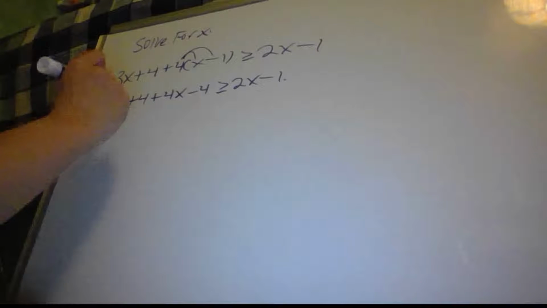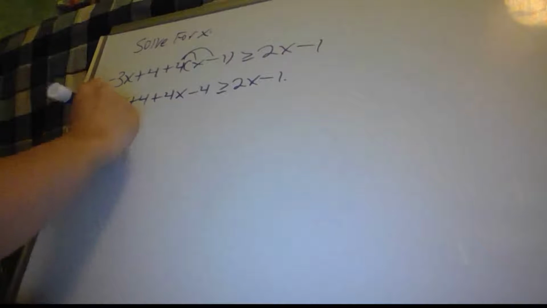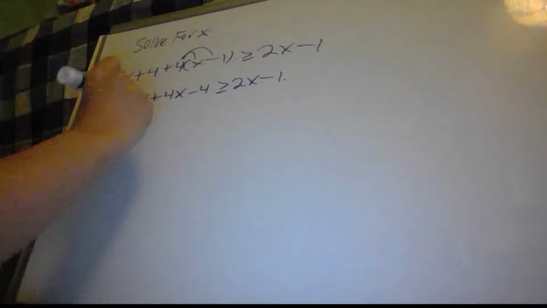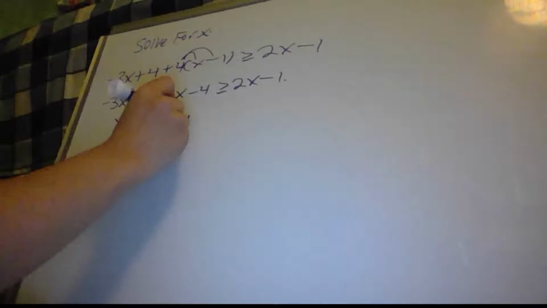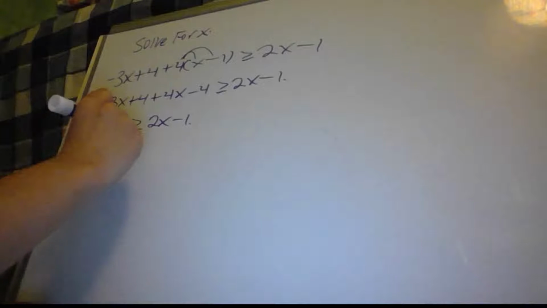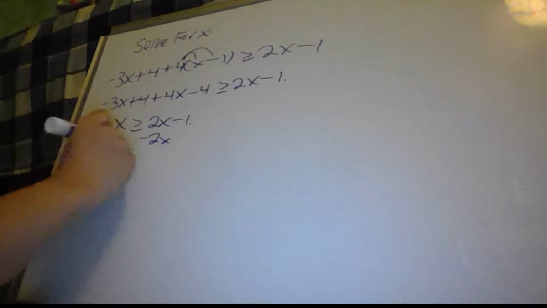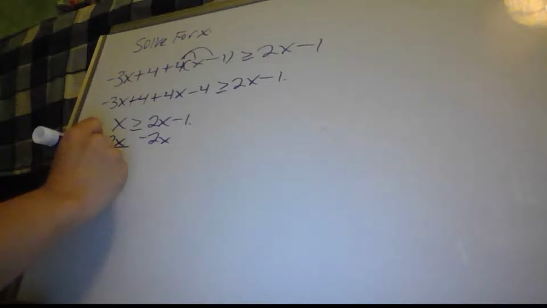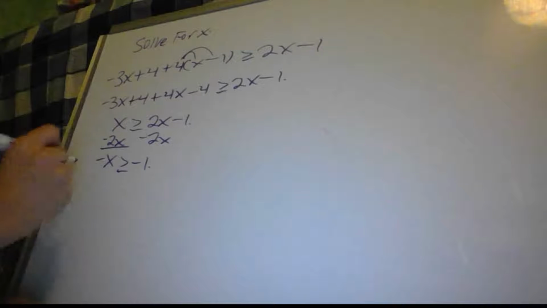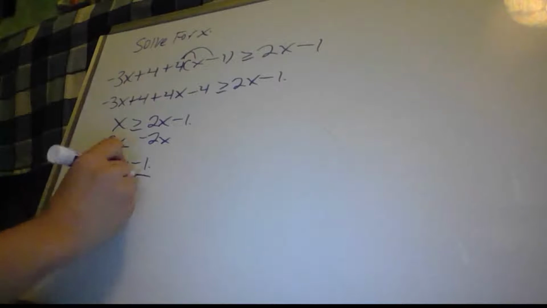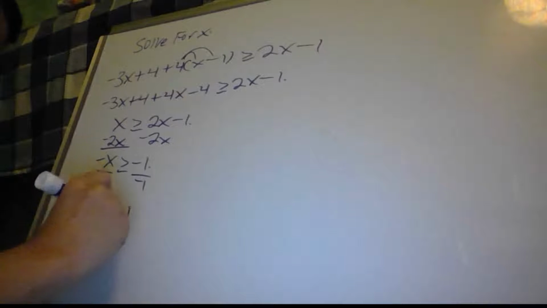We're going to combine like terms on the left. We have x plus 4 minus 4, that's just x, is greater than or equal to 2x minus 1. We're going to subtract 2x on both sides, giving us negative x is greater than or equal to negative 1. Now we're going to divide by negative 1 on both sides. We get x is less than or equal to 1.